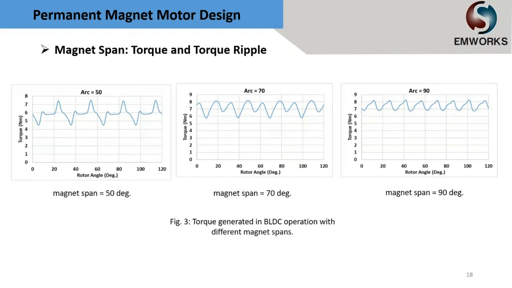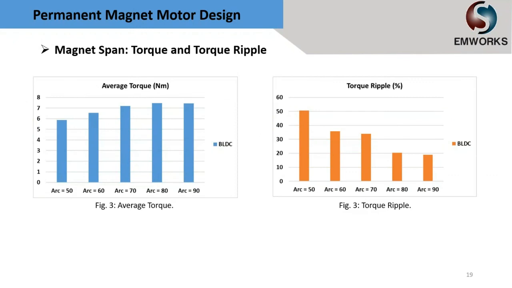And you can completely see here that, unlike the magnet thickness, the torque ripple profile is completely changed. Okay, so let's look again at the numbers.